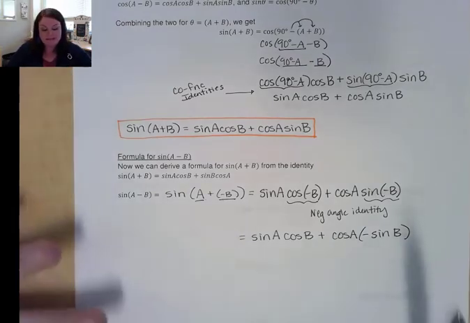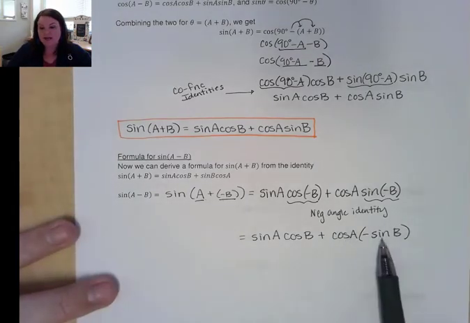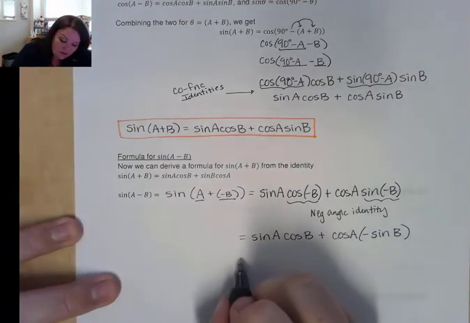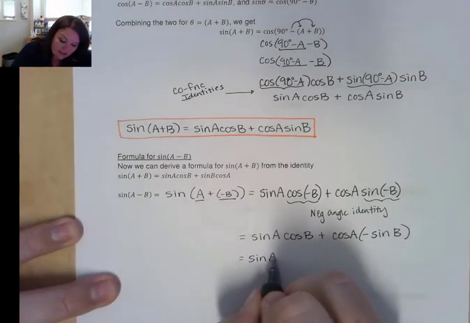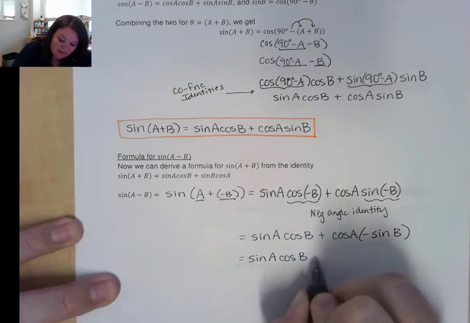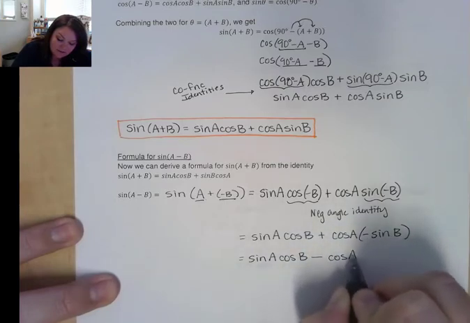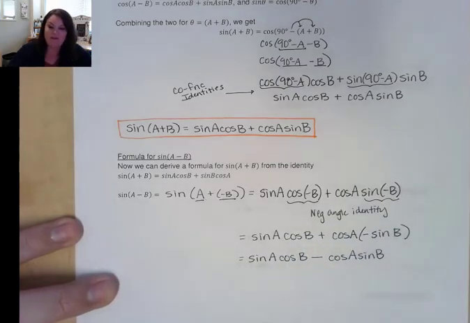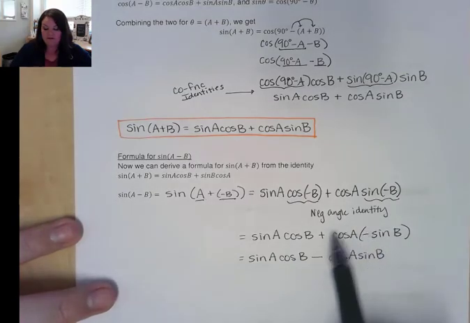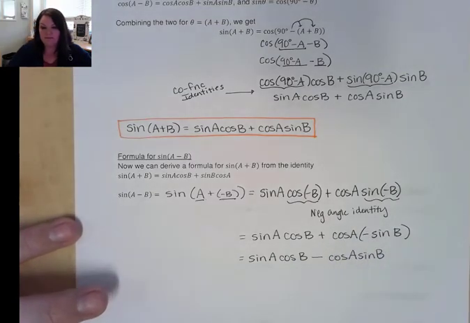Right? So on this second term, when I do a positive times a negative, that's going to make this product negative, right? So I end up with sine A cosine B minus cosine A sine B. So I'm just going to write that negative in front of this product, okay?